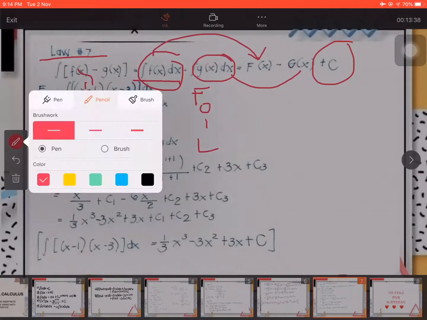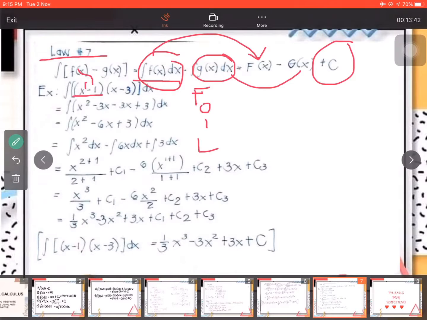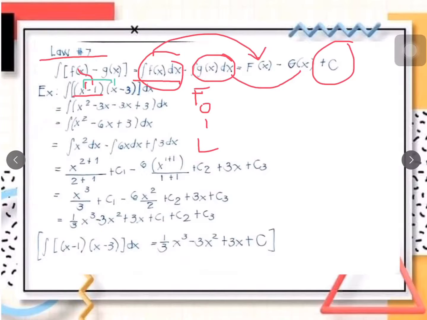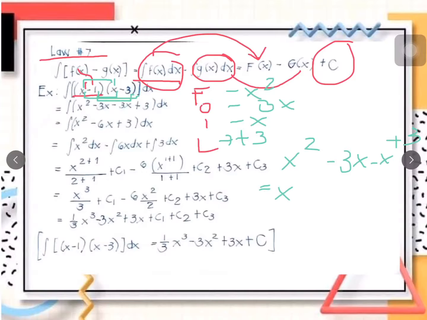First term, let us try another color, green. x times x squared, outer, minus 3x, inner, oh, sorry for the error, it's negative x, then last, plus 3, positive 3. By simplifying, x squared minus 3x minus x plus 3 is equal to x squared minus 4x plus 3.